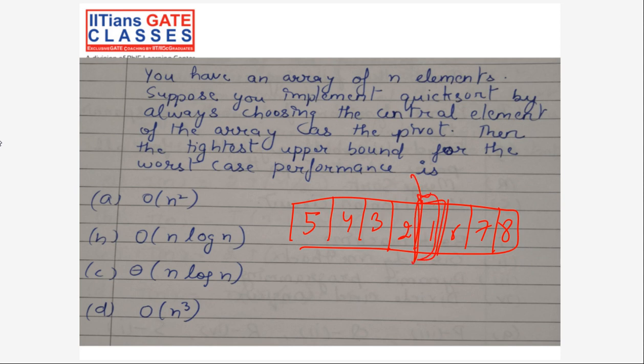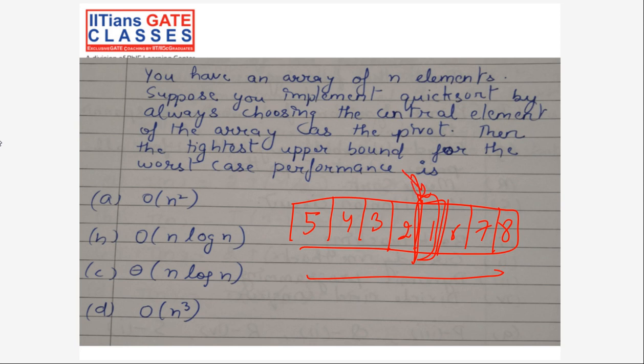So basically, picking an element from anywhere is fine, but if you pick an element which is always the minimum among all those, or which is always the maximum, then you will still get the worst case time complexity that we have in quicksort, right? Yeah, right. So it really doesn't matter.